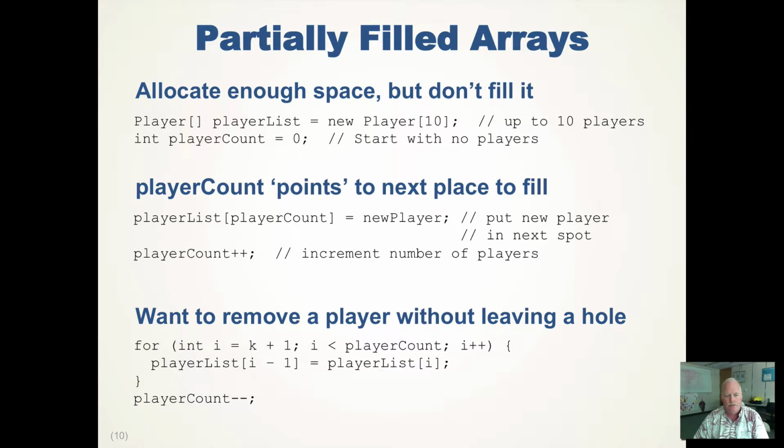Or we could loop from K plus 1 to player count and shift everybody to the left, or up, and then we take the one out, shift everybody, and then decrement player count.